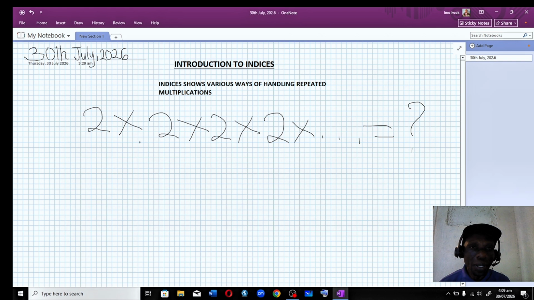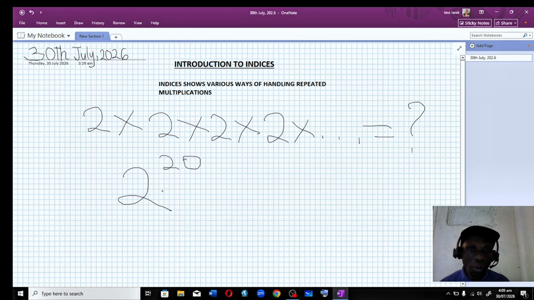What does indices tell you? How many times are you going to multiply the number 2 by itself? Say you want to multiply 2 by itself for 20 times. The idea of indices will simply tell you to write the 2 and then raise it to power 20. So this short way helps us to capture what would have been a lengthy and sometimes tedious and boring multiplication.